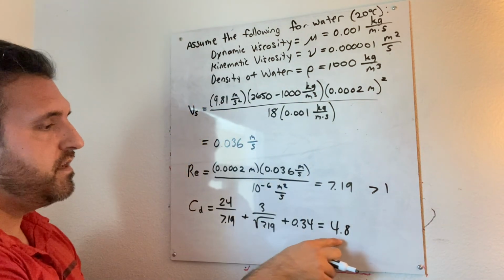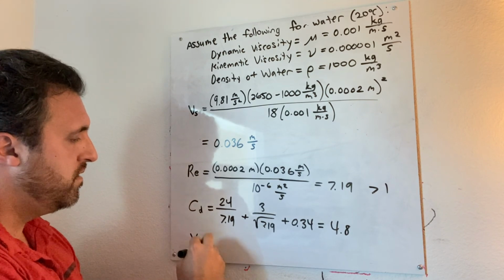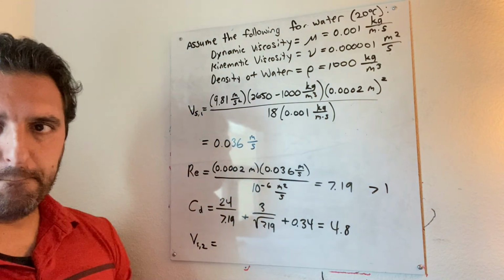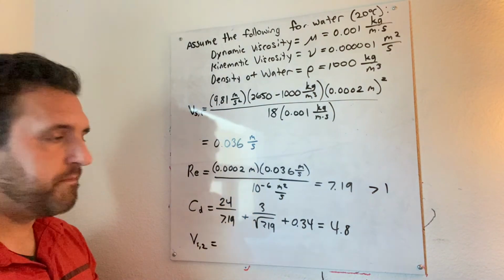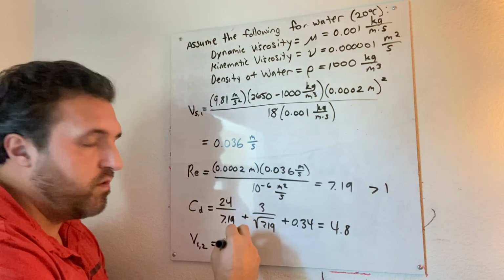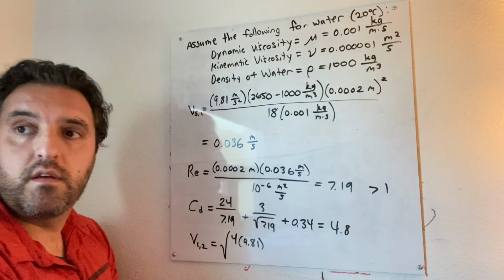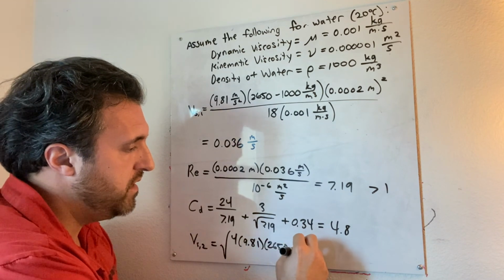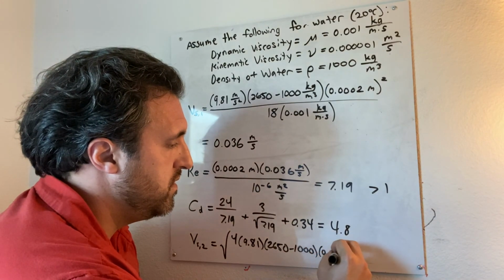Now we're going to use that drag coefficient in Newton's law to calculate the settling velocity. So this is the first iteration, this will be the second iteration. According to Newton's law, we take the square root of 4 times 9.81 times 2650 minus 1000 times the particle size 0.0002.